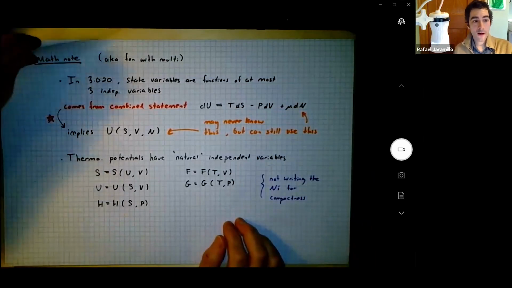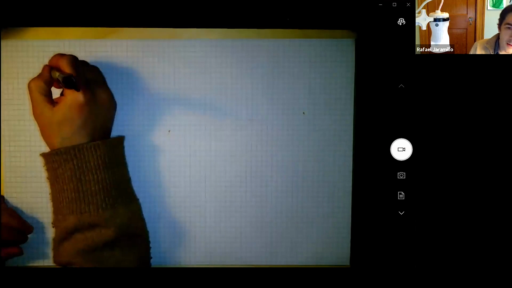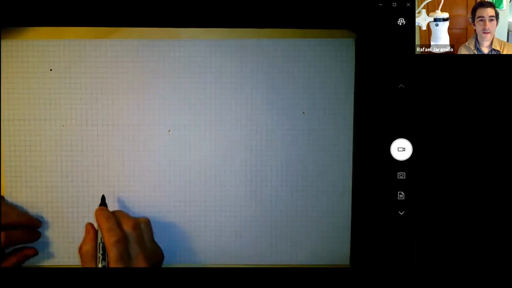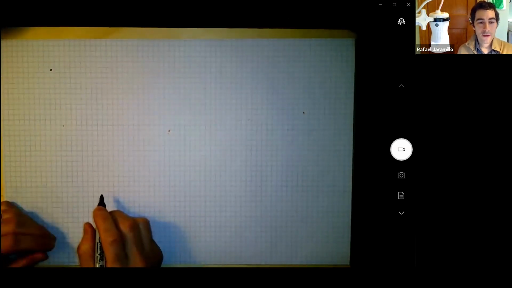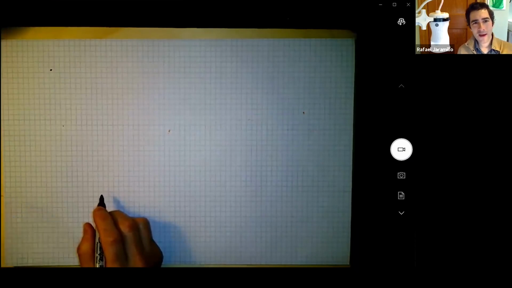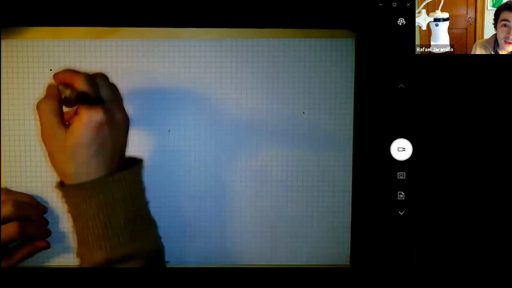Okay, one more note. Where on earth does this stuff come from? When I learned thermo, these potentials were just told to me the way I just told them to you. And in the back of my mind, I said, where does that come from? And then I forgot the question and I didn't come back to it for years. It does come from somewhere.